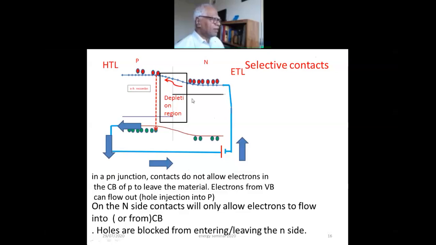Similarly, on the N side, electrons can leave from the conduction band, but the holes cannot leave the material from the valence band. Only electrons can leave. And this is very important for you. This is the principle of something called selective contacts. And PN junction is a very special case of the selective contact. Let me explain to you what this means.